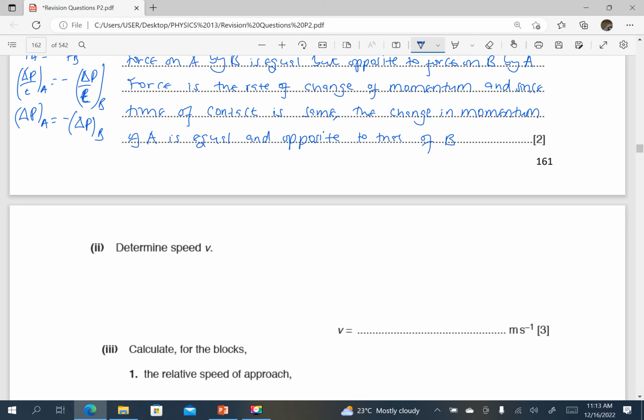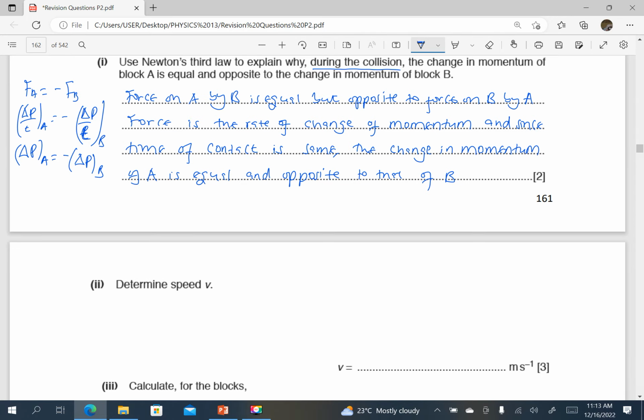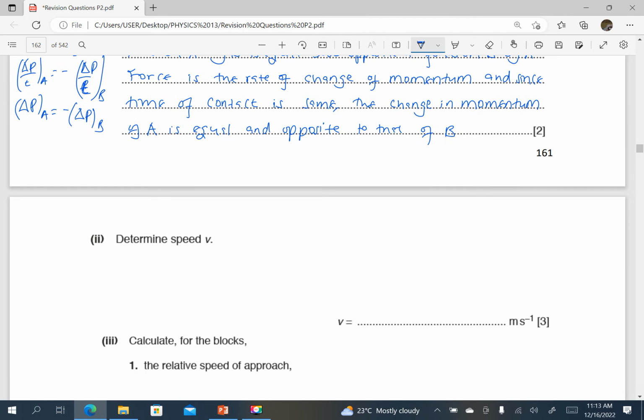Determine speed v. We are just going to use conservation of momentum. I always prefer to begin by writing momentum is mass times velocity.